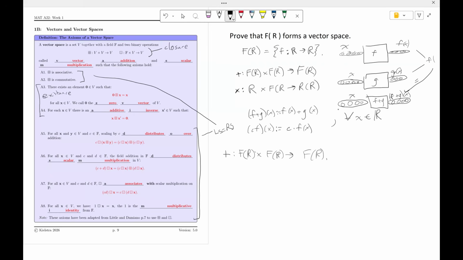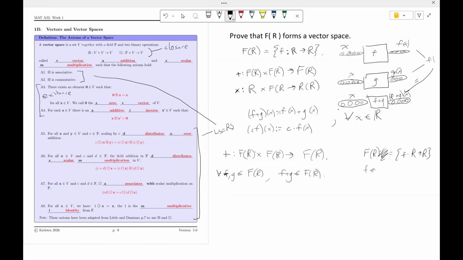We prove this by showing that for all f and g in F(R), f plus g is in F(R). Now, what does it mean to be in F(R)? Well, F(R) is, as defined above, the set of functions which maps R to R.